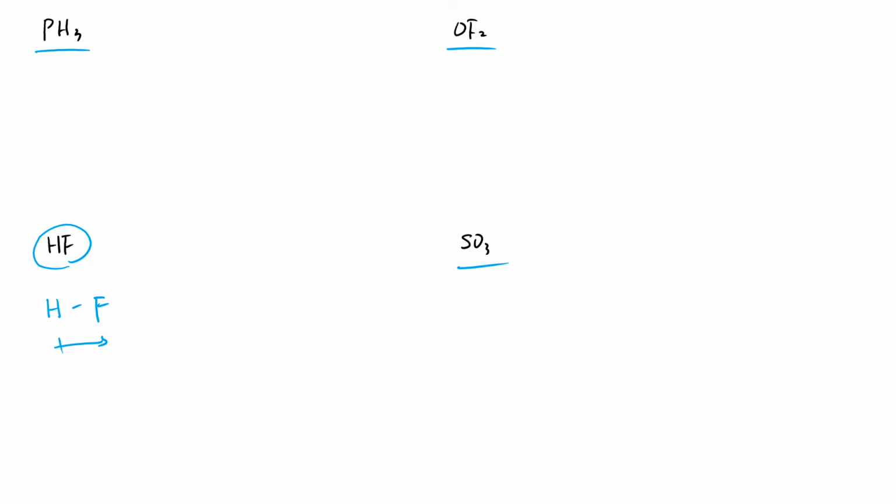For the first one, phosphorus hydrogen 3. Phosphorus is in the middle and has 3 hydrogen around it. And we know phosphorus has 5 valence electrons. And each hydrogen now is satisfied with the octet rule. So those 2 electrons become the lone pair.